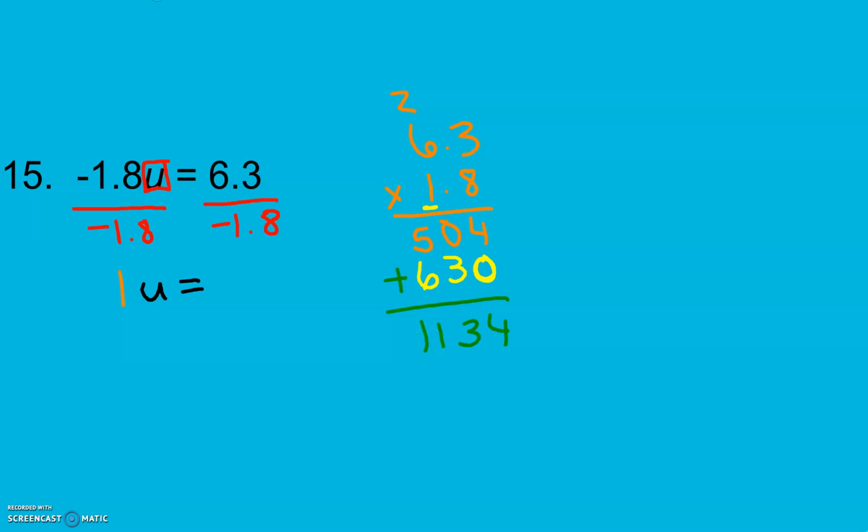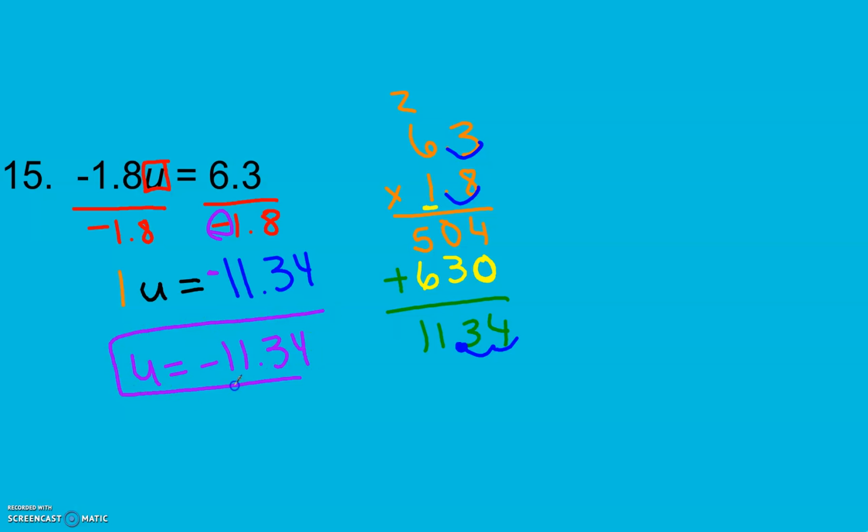I check my answers here. I have 1, 2 decimal places. So I get 11.34, but 1 negative makes my answer negative. So I get u equals negative 11.34. Here I have division. I get rid of that by multiplying. As long as I do it to both sides, all I have left is a 1 times my y.